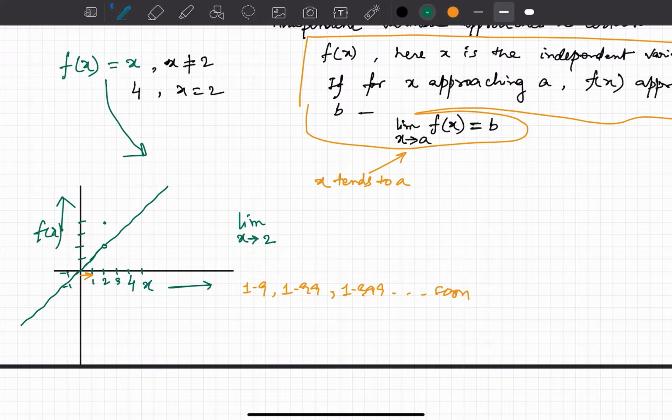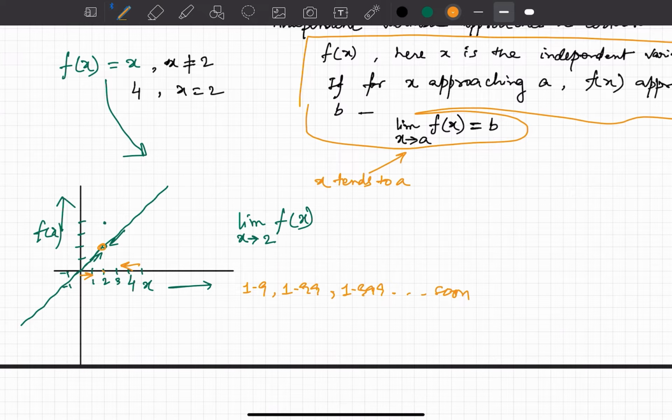So the limit here will be as x approaches 2, we can see f(x) here is approaching 2 also, as x approaches 2 from both sides of 2, f(x) approaches the same value which is here.